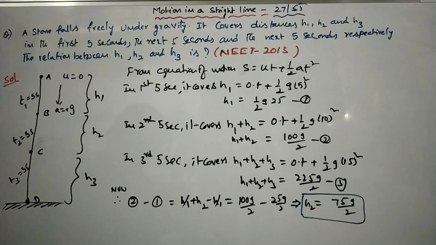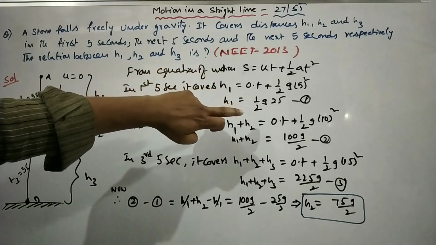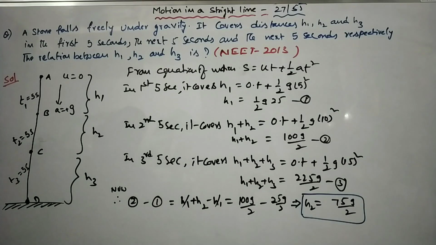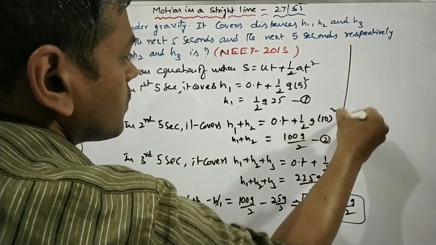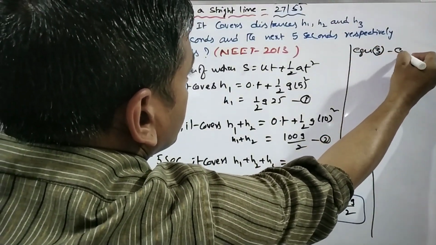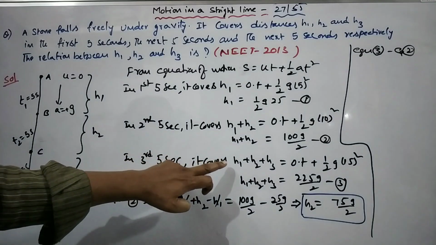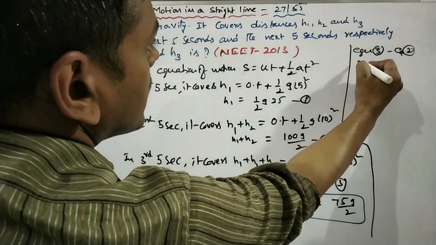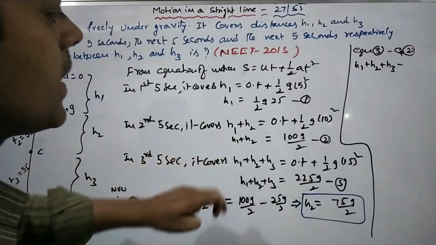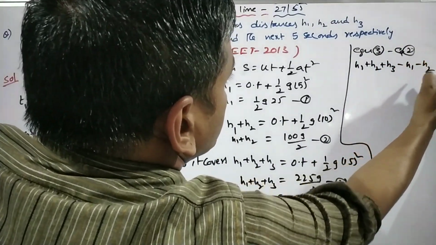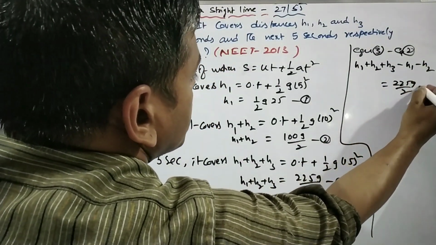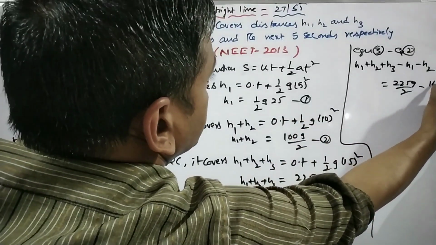Equation 3 is h1 plus h2 plus h3 minus h1 minus h2, which is equal to 225 g by 2 minus 100 g by 2.